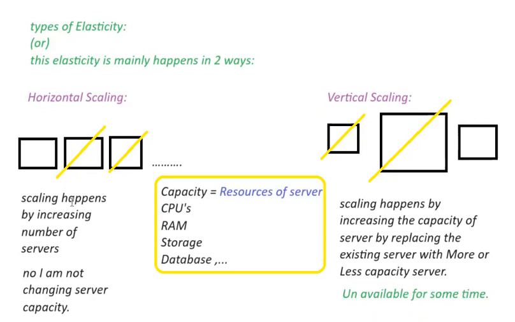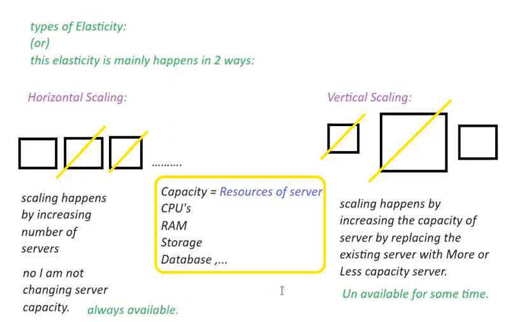Whereas, will horizontal scaling be unavailable at any moment of time? No, right? So this horizontal scaling is always available. Servers are always available in horizontal scaling.